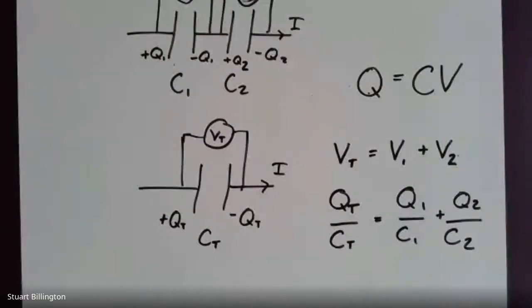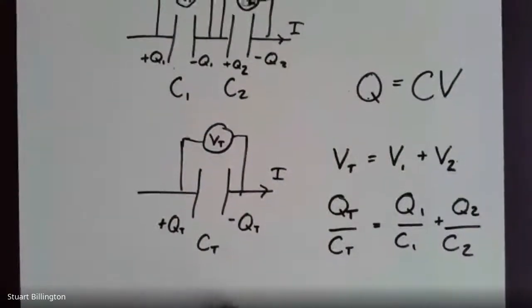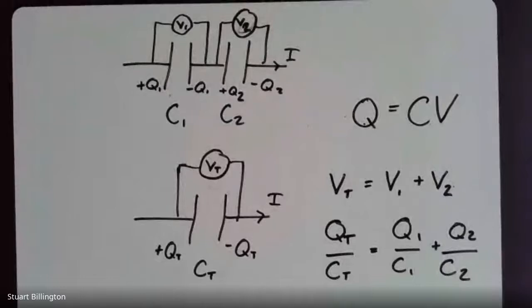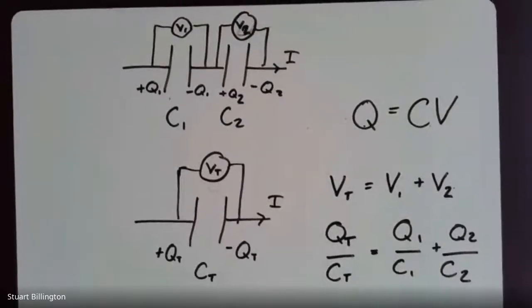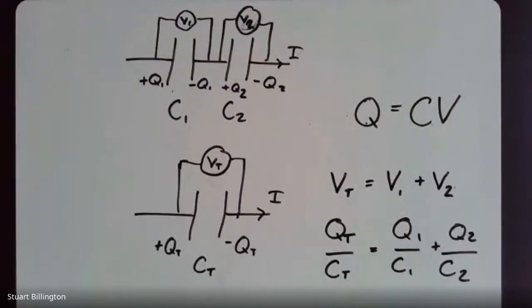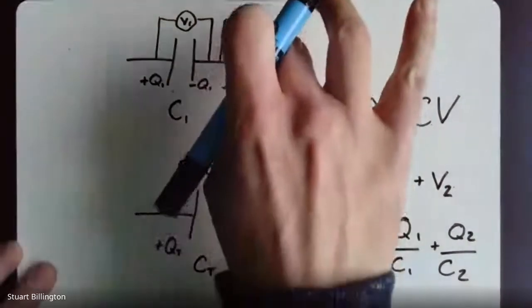So what do we know about the Q's? Stare long and hard at the top diagram and wait for the penny to drop. Examine those Q's really well on the top diagram. Maybe it'll help if I take the voltmeters back out.